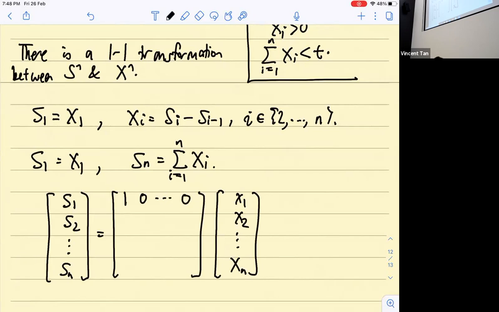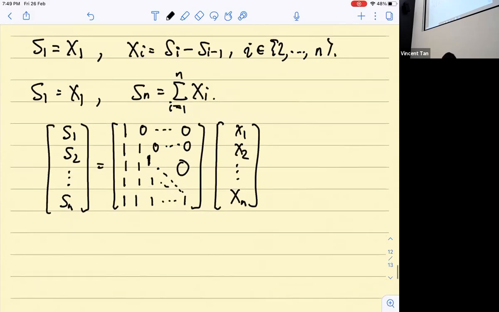S2 is X1 plus X2. And the last row is all ones. You agree? All here are ones. Along the diagonals, we also have ones. And over on the other side is all zeros. Agree? So we can write x and s in terms of this matrix equation.